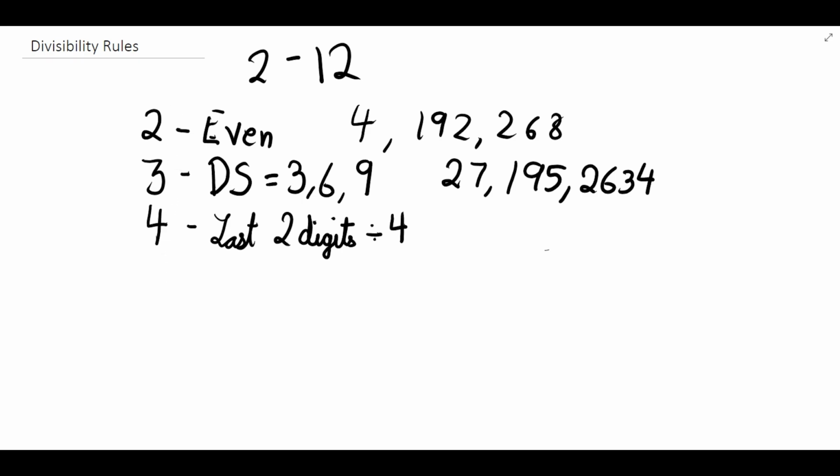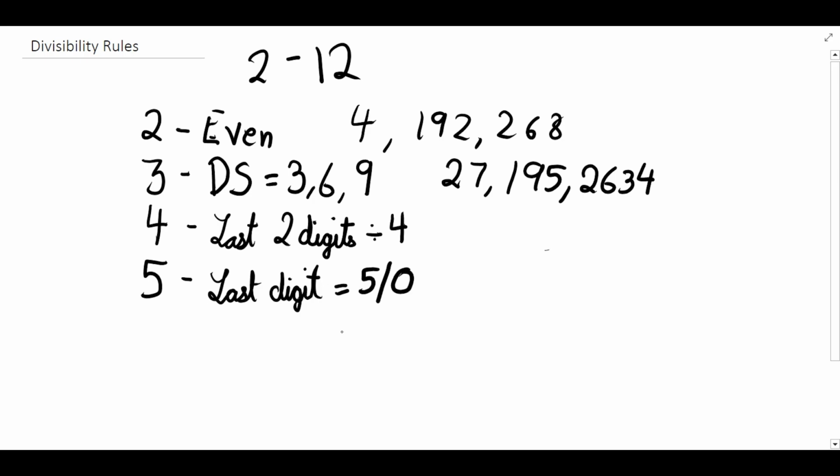Next, for divisibility check of 5. For this, the last digit should be either 5 or 0.